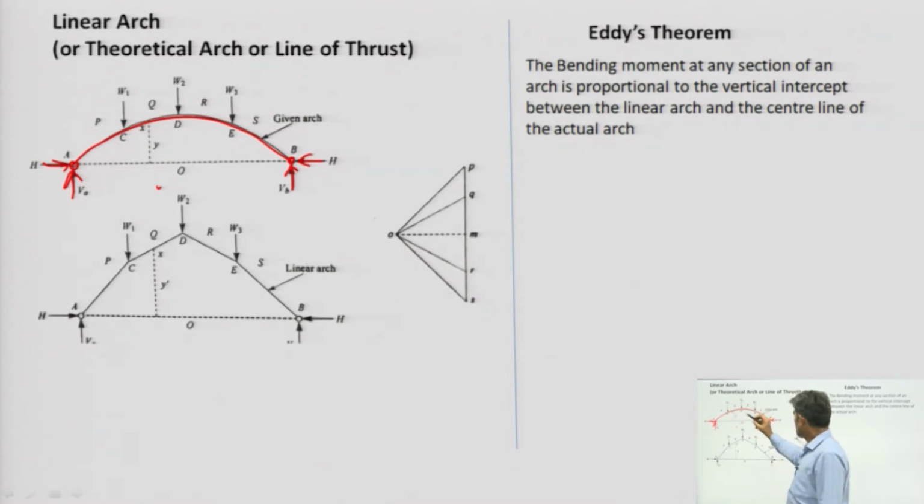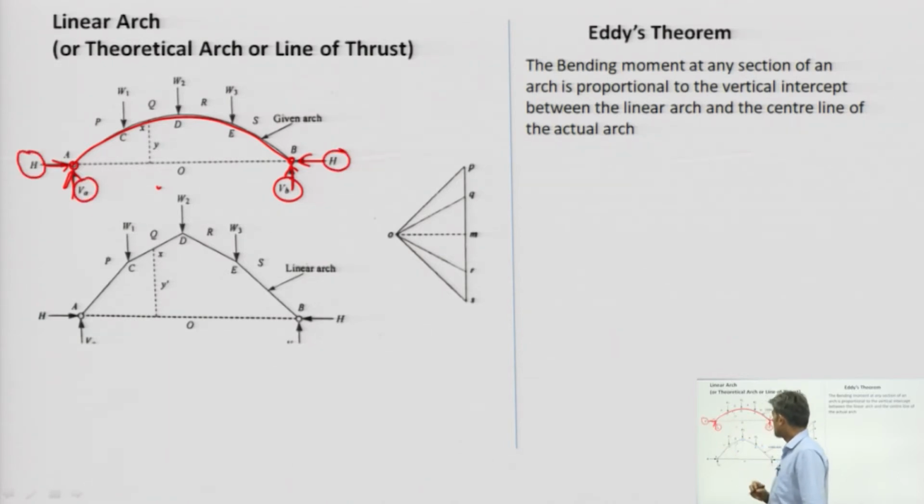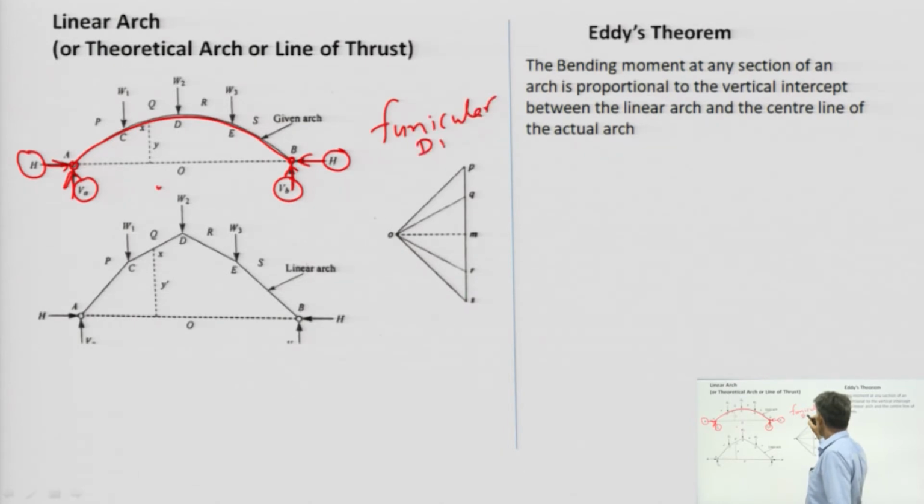If we are able to calculate the VA, VB, H, then we can make the linear arch with the help of funicular diagram.